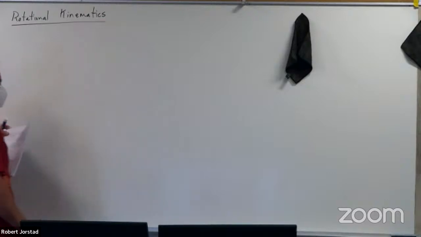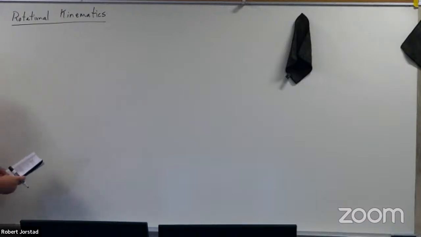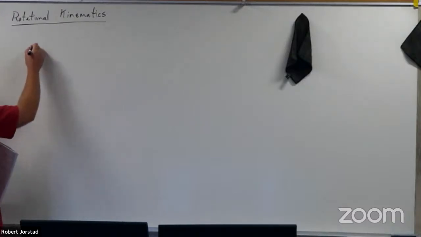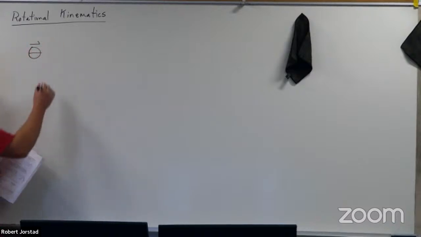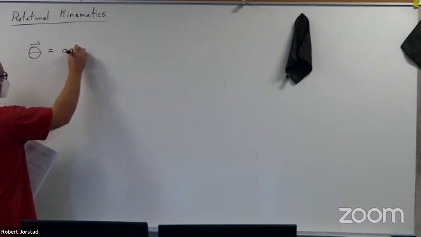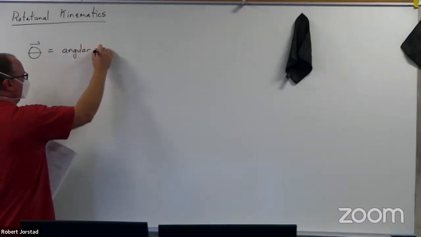Up until now, we've kind of glossed over a lot of different things here. First off, I want to talk about theta, and we're going to call this angular position.